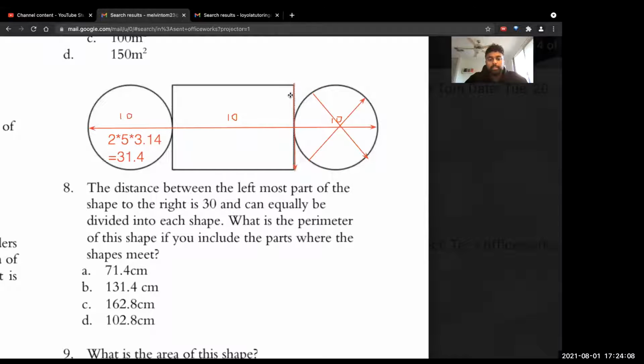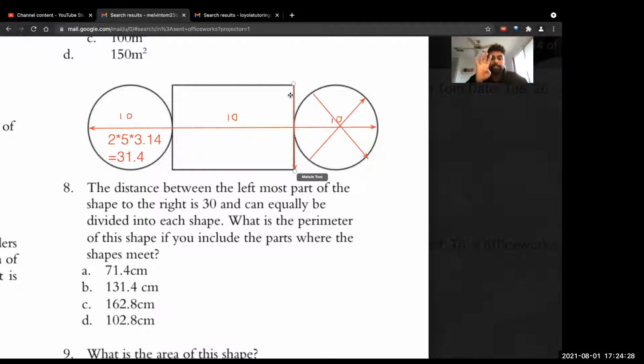Melvin. Yes. How could this rectangle essentially be 10 if it's a rectangle? Yes, this rectangle essentially is a square. Now, the mathematical definition of a rectangle is any four-sided shape with 90-degree angles.